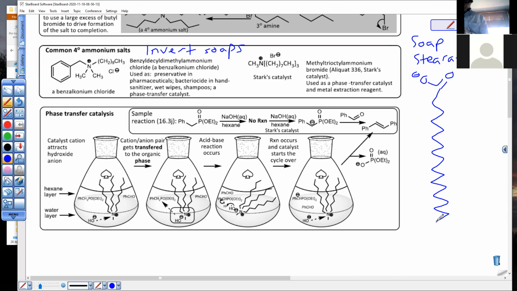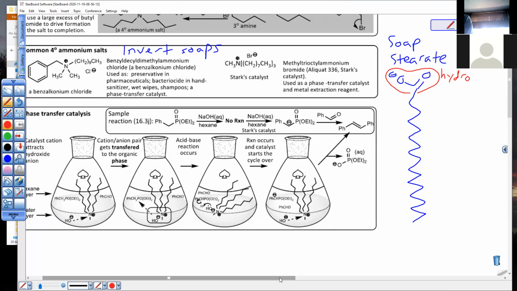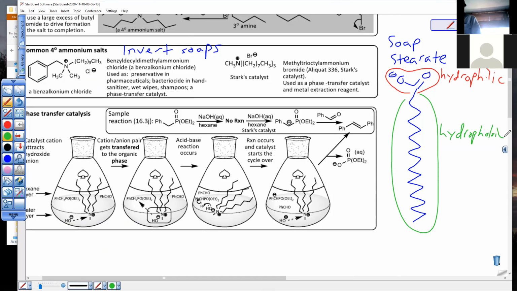And why was it a soap? Well, it was a soap because it had a nice hydrophilic polar end here. Hydrophilic, loves water. And we had a hydrophobic portion down here. Hydrophobic end over here.